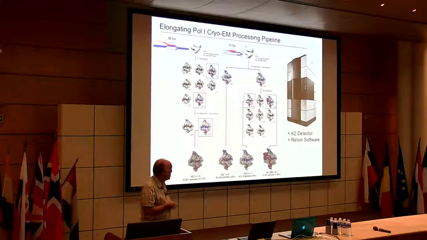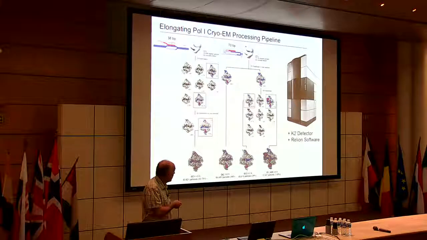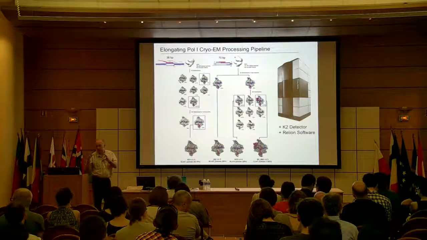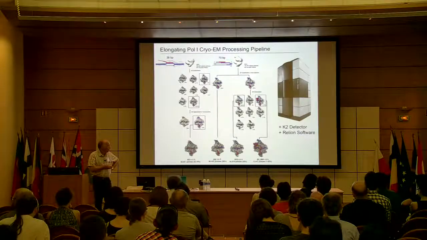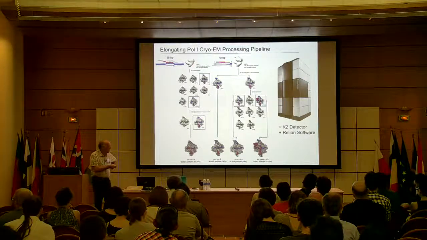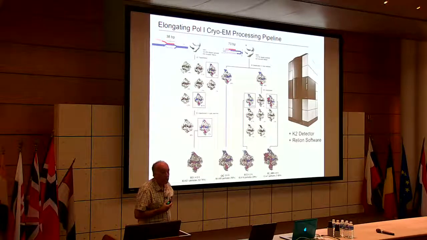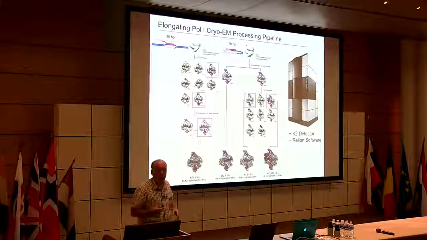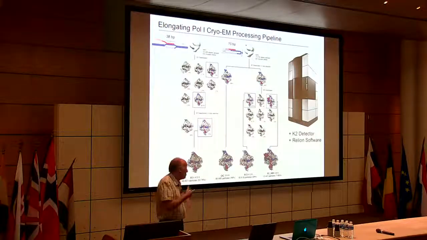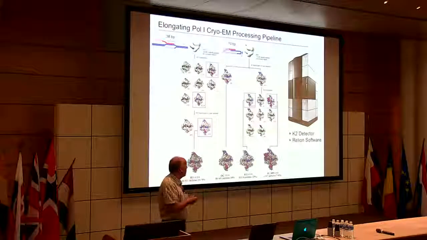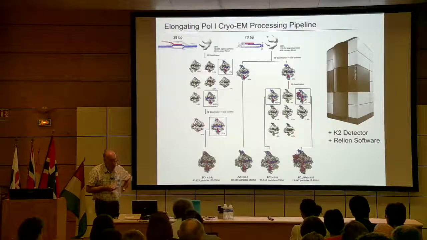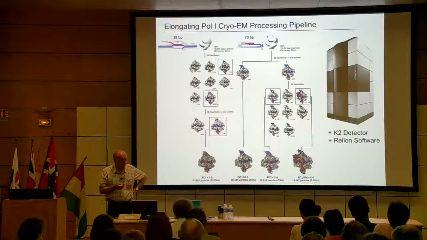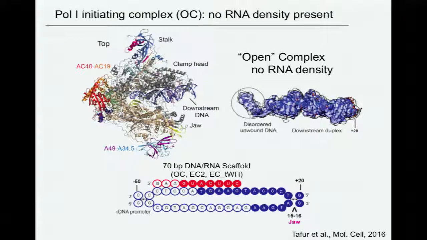And we also saw a minor population of about 8%, where we had an additional domain, this tandem winged helix domain, at the C-terminal end of one of these TFIIF-like factors. There was a crystal structure known of this domain, but in our crystal structure of the entire Pol 1, this was a flexible part, and for reasons we still don't understand, we found here a population where it's bound to the DNA and where we can see it in greater detail.